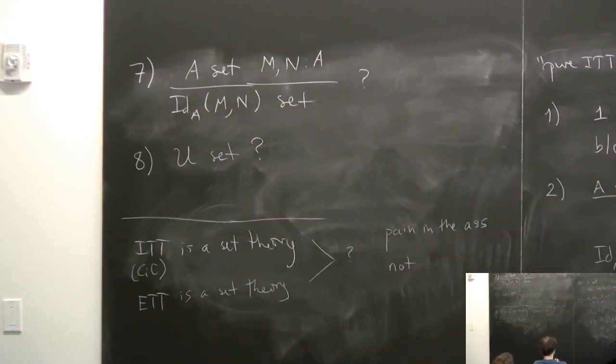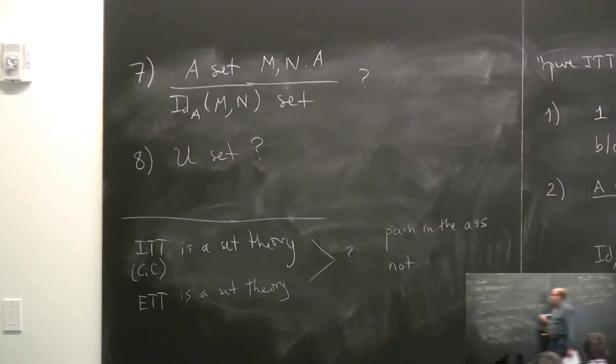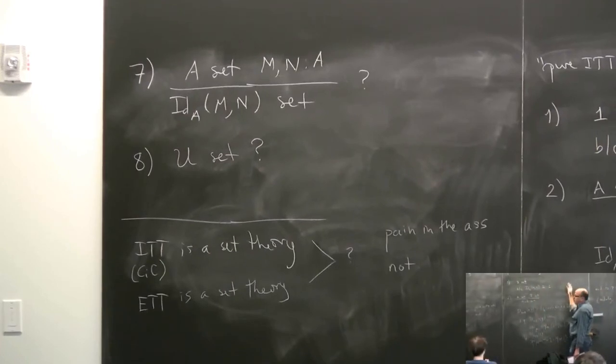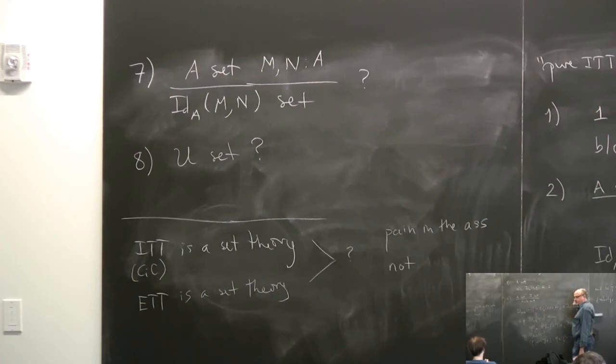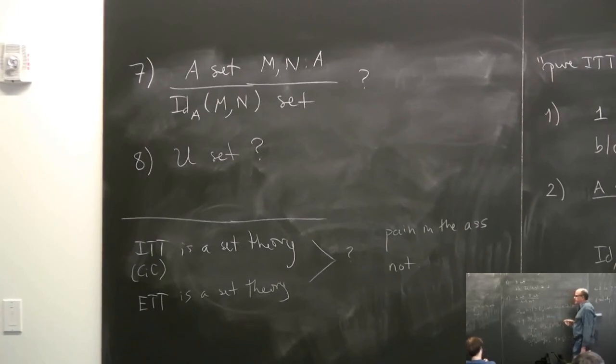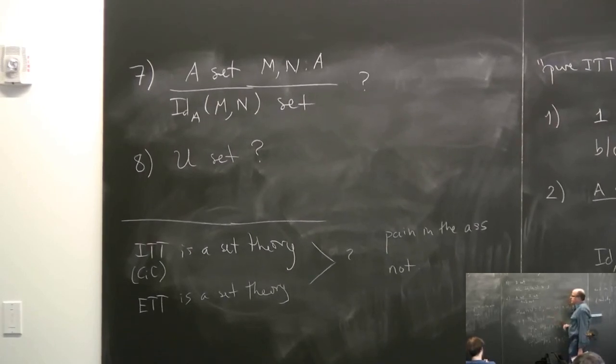Remember what set theory means. Being a set means that there's only one way in which two things can be equal. If they're equal, you have uniqueness of identity proofs, and all the loops, for example, are reflexivities.